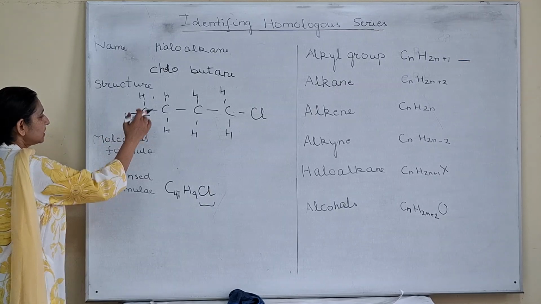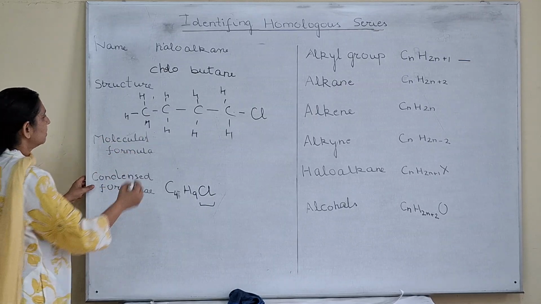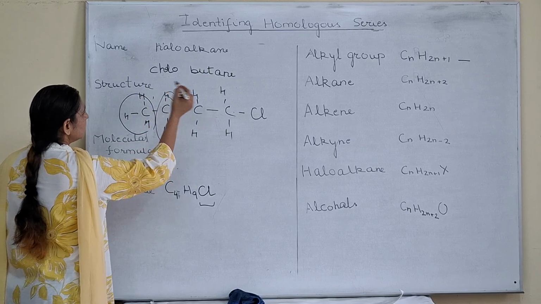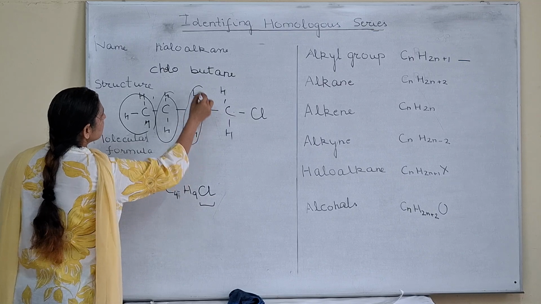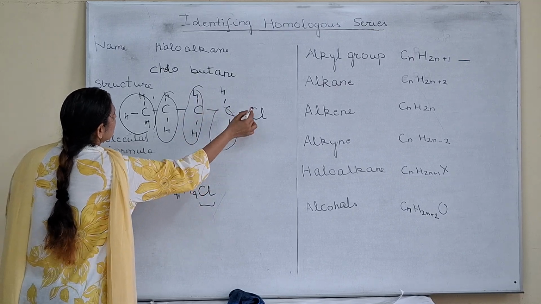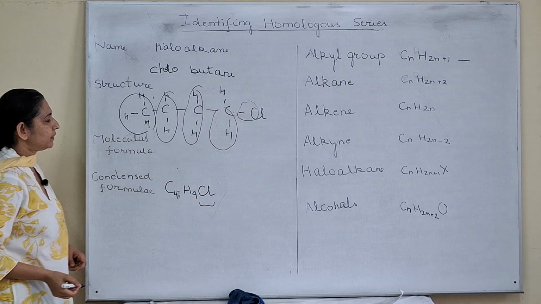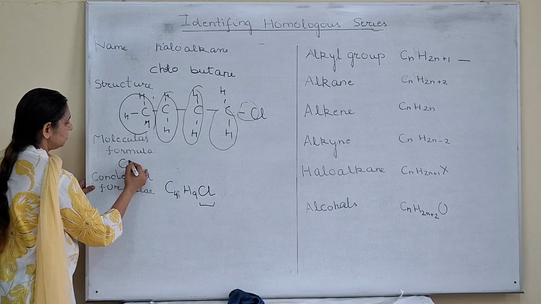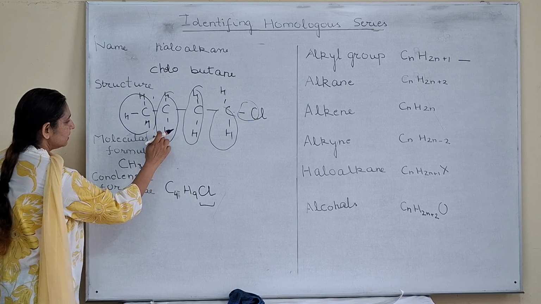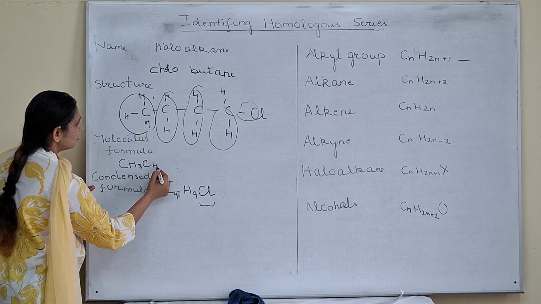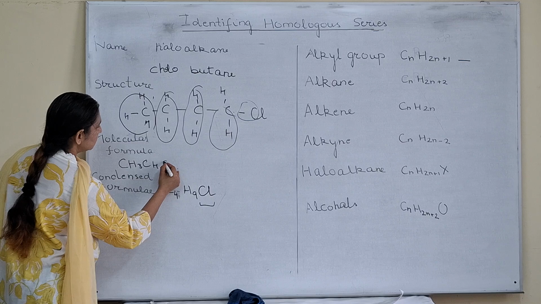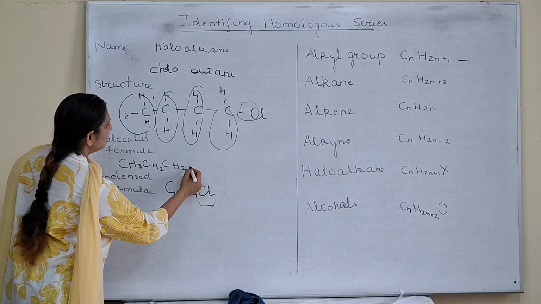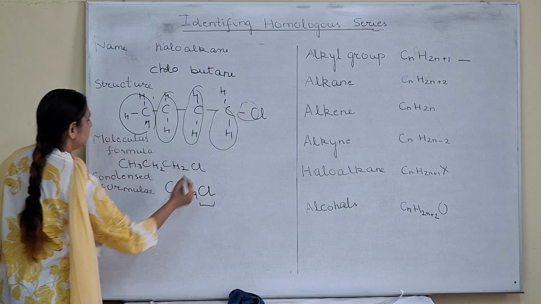Now comes इसका molecular formula क्या हो जाएगा? It is this part, this part, this part, this part, and chlorine will be separate. So what do we have now? CH3, then this one CH2, then this one CH2, and then we have a chlorine in the end.